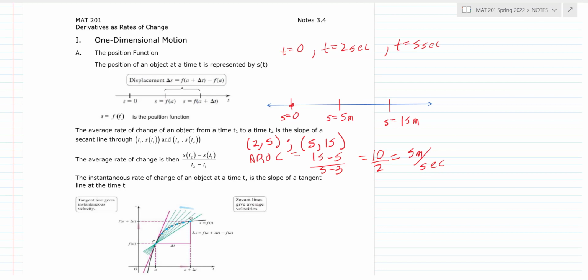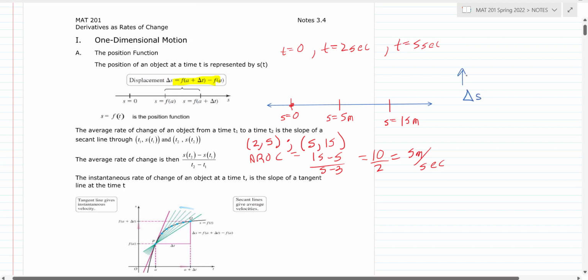Okay, and this formula right here is the difference quotient. So you have a displacement. Delta s just means your change in position, and that change in position is found by subtracting two things. If you have the function at a plus delta t, that just means after an amount of time from position a, you're going to subtract those two displacements.